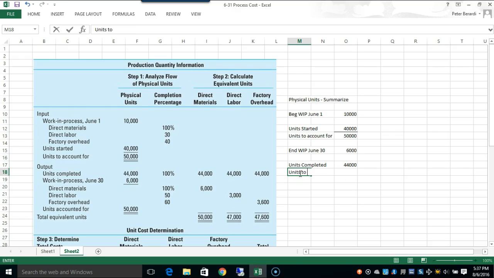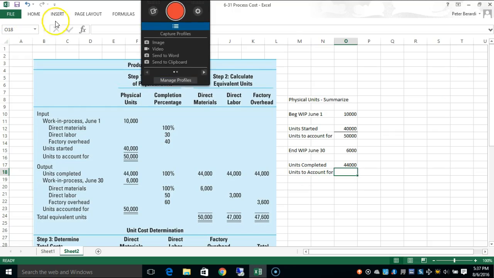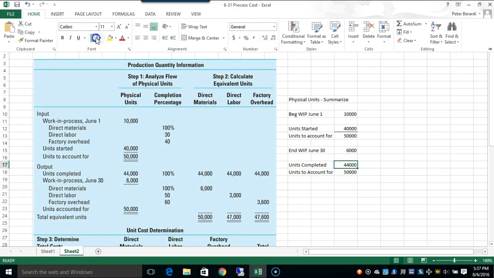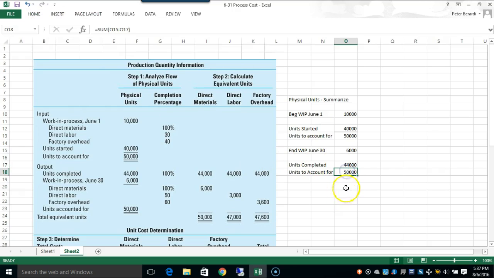Units to account for is the summation, and they equal. So the bottom half equals the top half. This is again your T account, your debits and credits going through your WIP inventory control account.